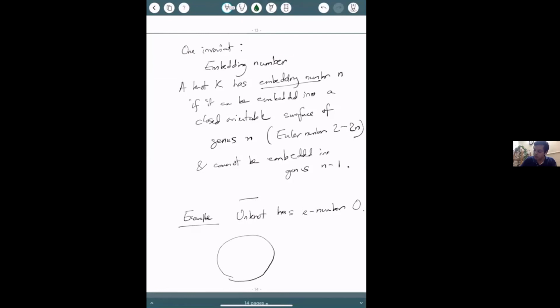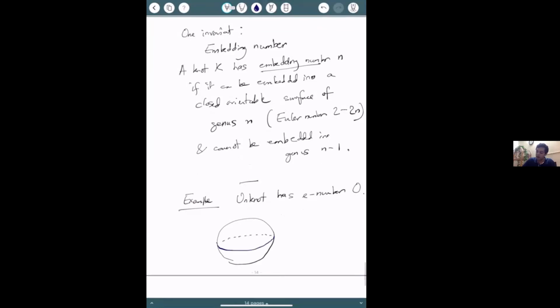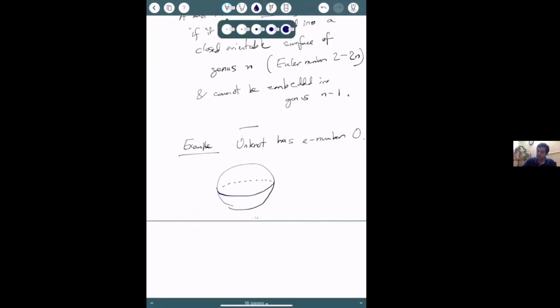Here's the embedding of an unknot on the sphere. The sphere is a genus 0 surface, with Euler characteristic 2. You can put the unknot as an equator, sitting on the sphere. So the E number of an unknot is 0.